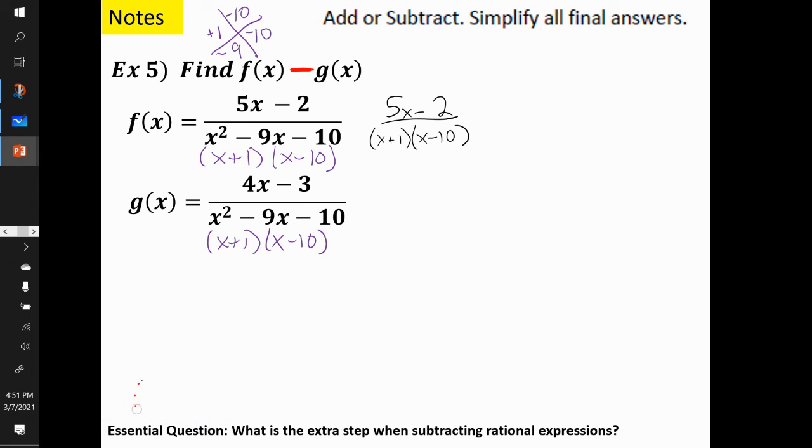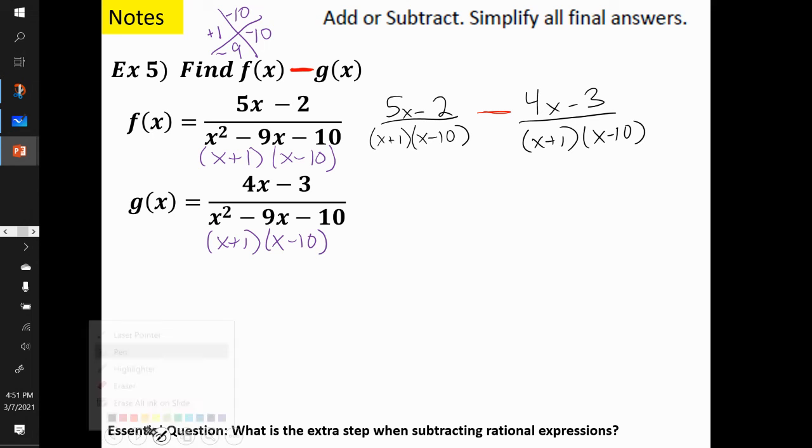And then we're going to put minus 4x minus 3 over its same denominator. Now, this is that extra step. Make sure you put parentheses around there and you distribute that. Do the opposite of both of those.